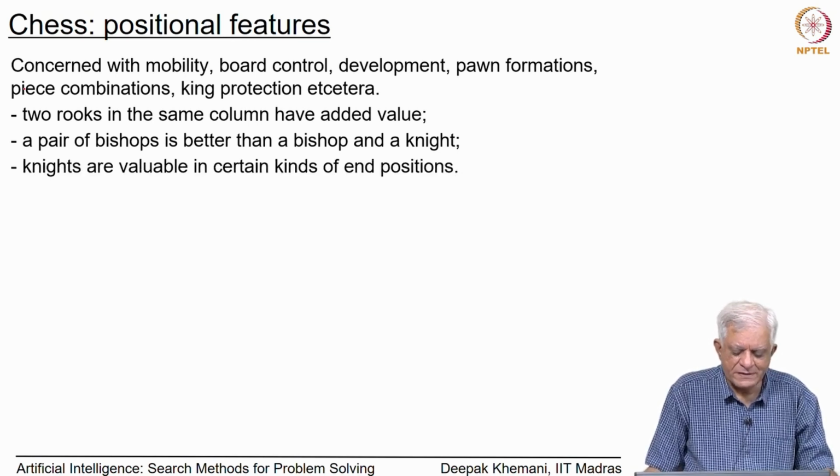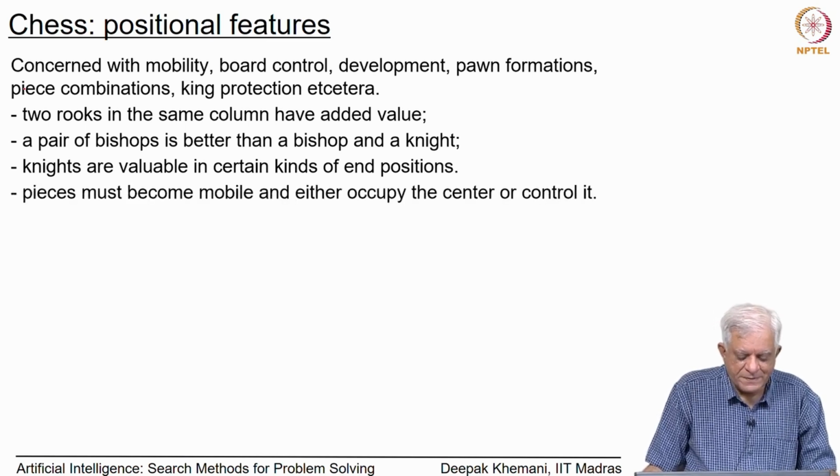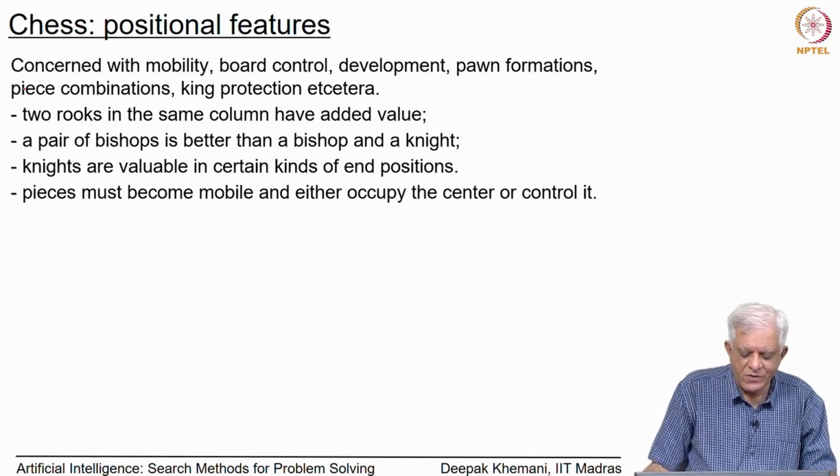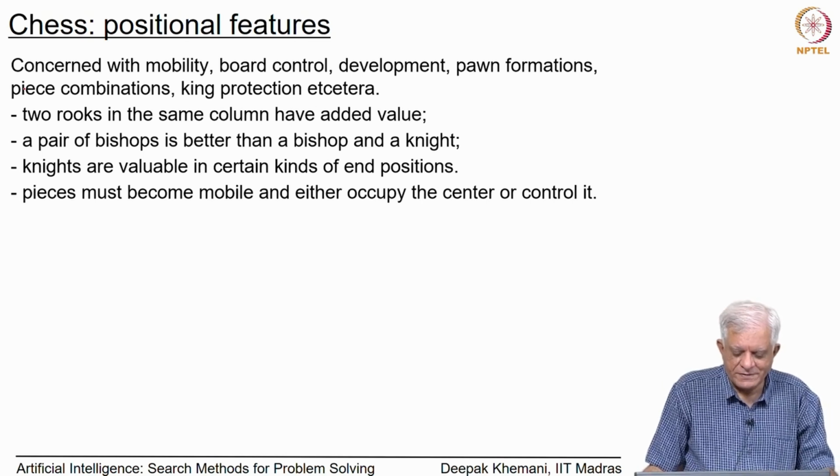Knights are valuable in certain kinds of end positions, and pieces must become mobile and either occupy the center or control it. So, center control has been a very focused point for chess players.